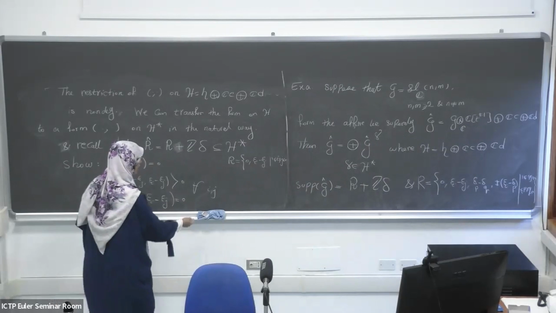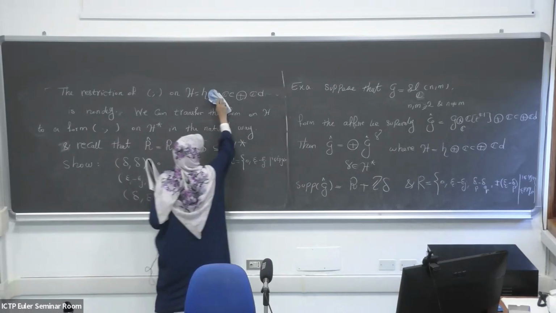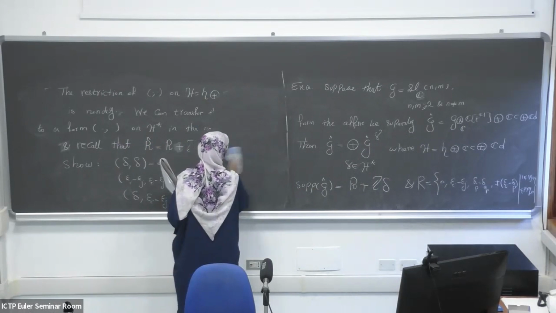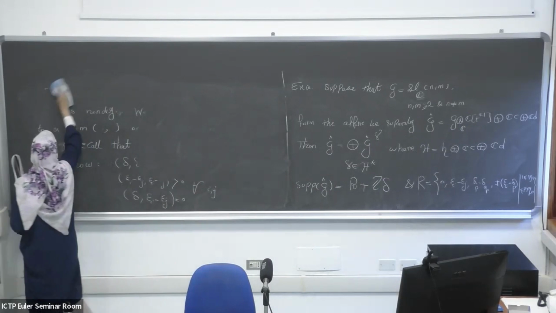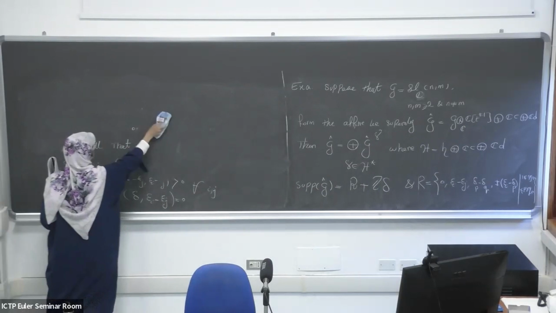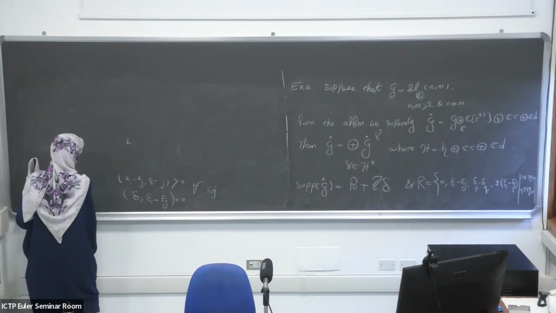Okay, and again, we can define the bilinear form as in the previous case on this G hat.